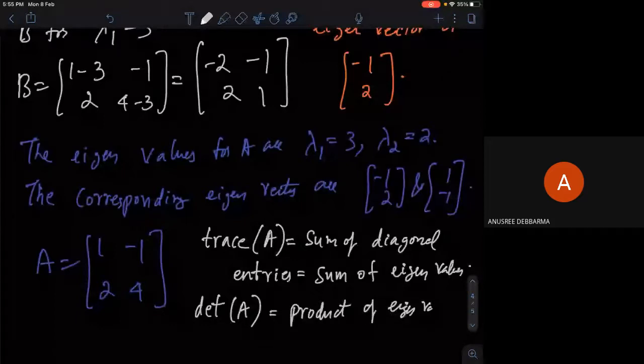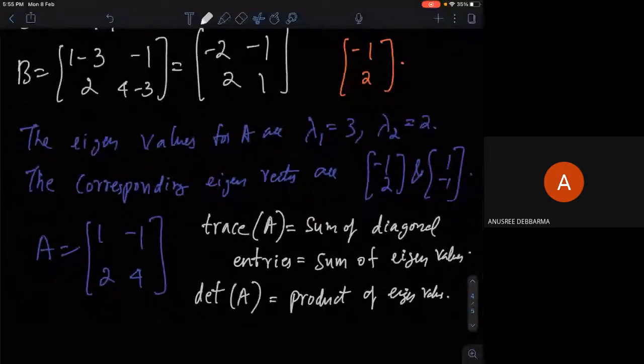This is a beautiful connection between eigenvalues and the trace and determinant of the matrix. So this is a property you should keep in mind, because it helps you find the eigenvalues much faster, especially in any competitive exam.